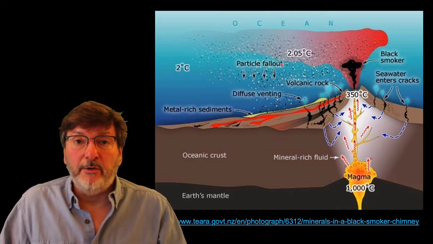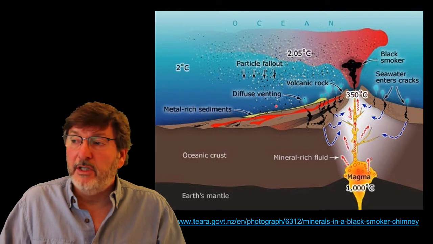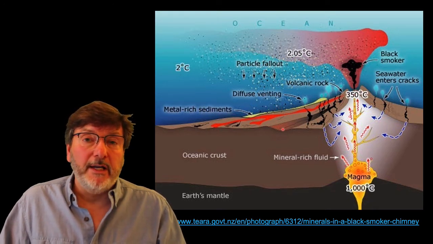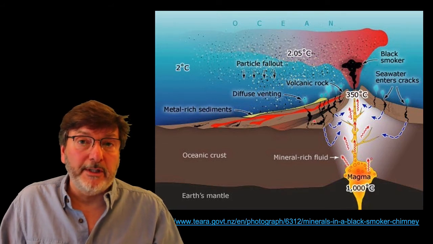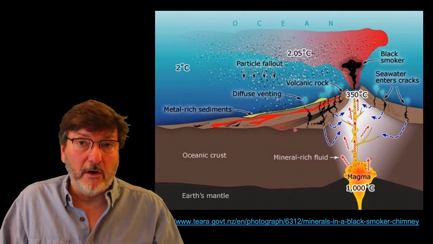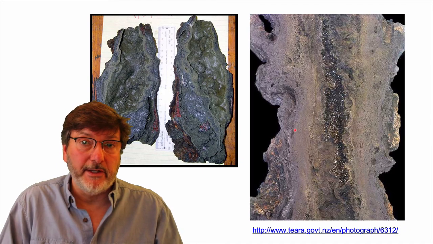It's basically the minerals precipitating, and the minerals will continue to precipitate and fall out of the seawater as it cools and the solubility drops, forming layers of metal-rich sediments all around the hydrothermal vent itself.